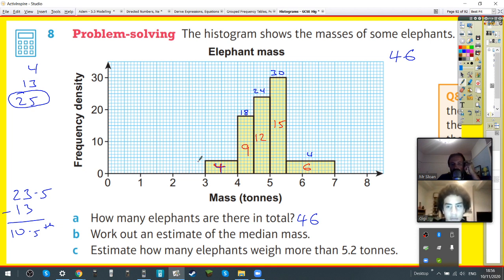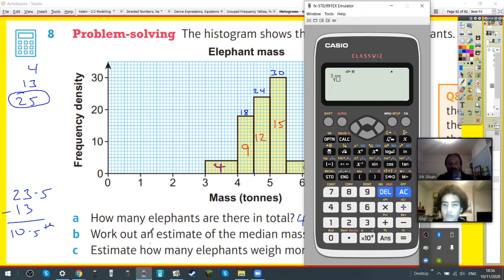It would be, I'm not sure. So it's starting from 4.5 plus this fraction, 10.5 out of the 12 times the width, which is a half or 0.5. So you try that.